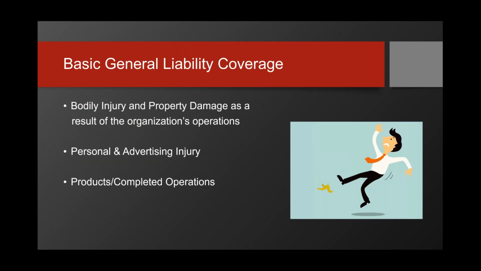So let's talk about GL real fast. I am pretty sure that most of you are familiar with GL, and I am not a GL expert, so I'm just going to go into the basics of what I believe GL coverage is. So GL coverage, what is it? Bodily injury and property damage as a result of the organization's operations. Personal and advertising injury of the organization, products and completed ops.